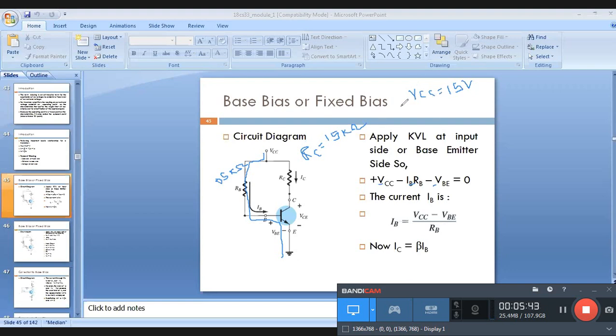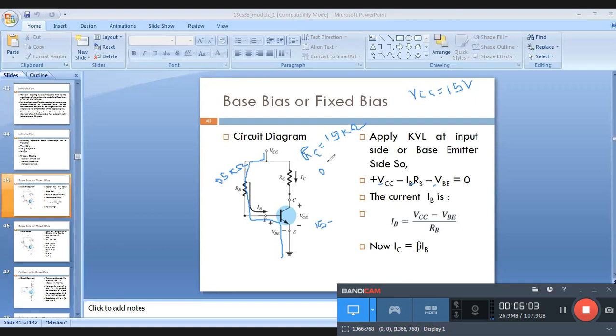Here I gave the problem in the last class. VCC is how much? 15. We can write IB is equal to VCC, which is 15. What is the value for VBE? VBE for a forward bias junction, I told you, you have to take 0.7 volts.